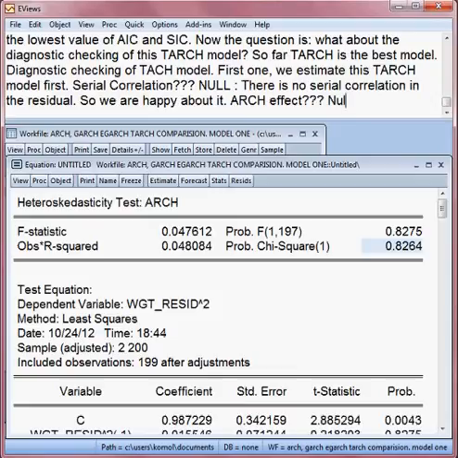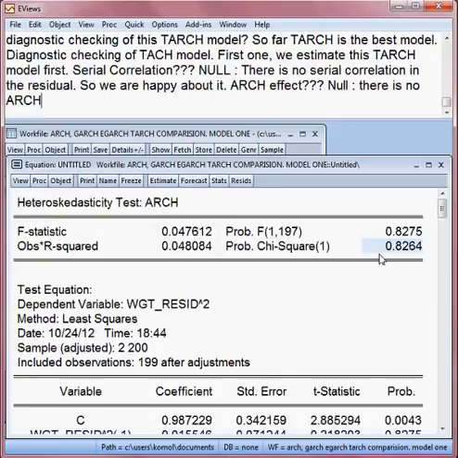Our null hypothesis is that there is no ARCH effect, and that is desirable. Since p is 82.64%, we cannot reject the null hypothesis.